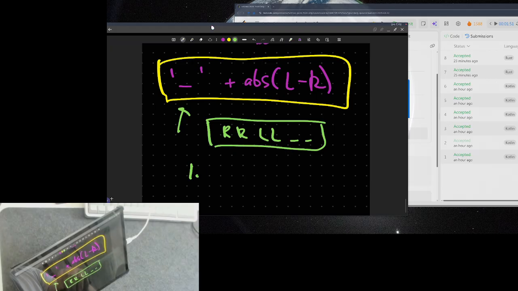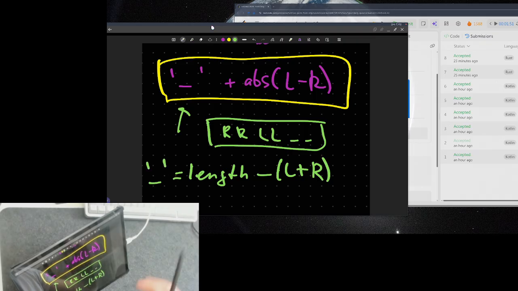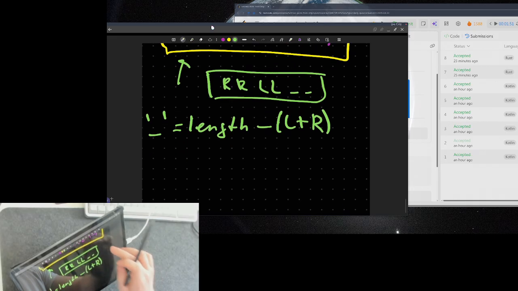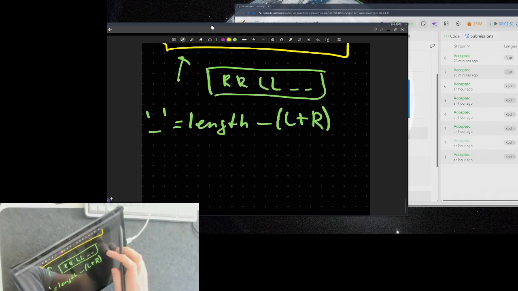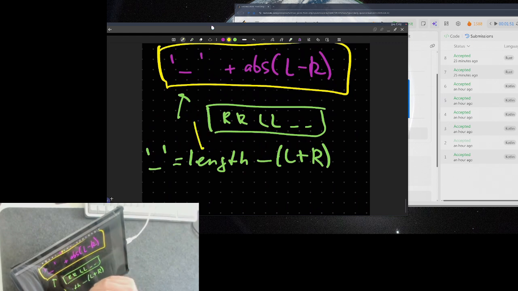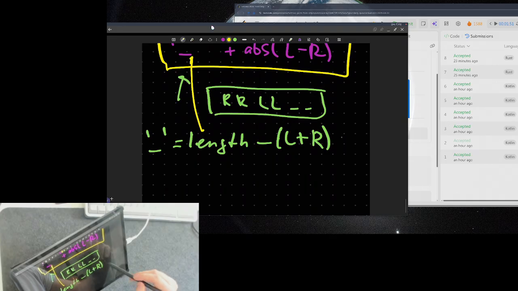So this would be the total length minus L plus R. This is underscores. And then we can replace it, so this is underscores plus the absolute value of L minus R.